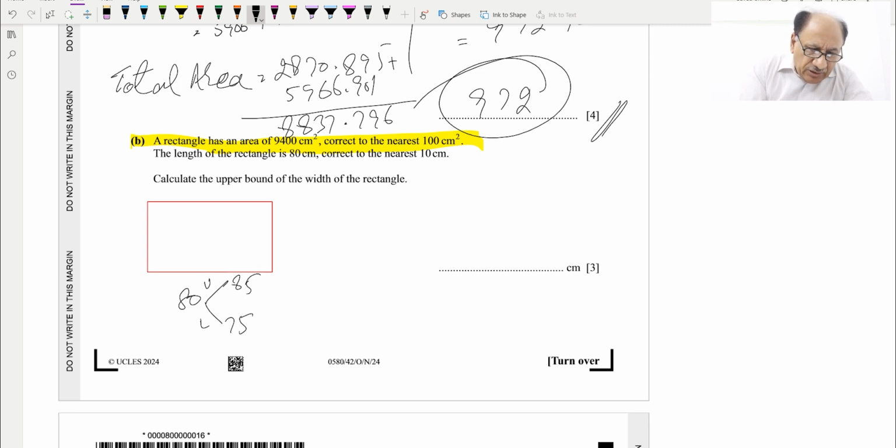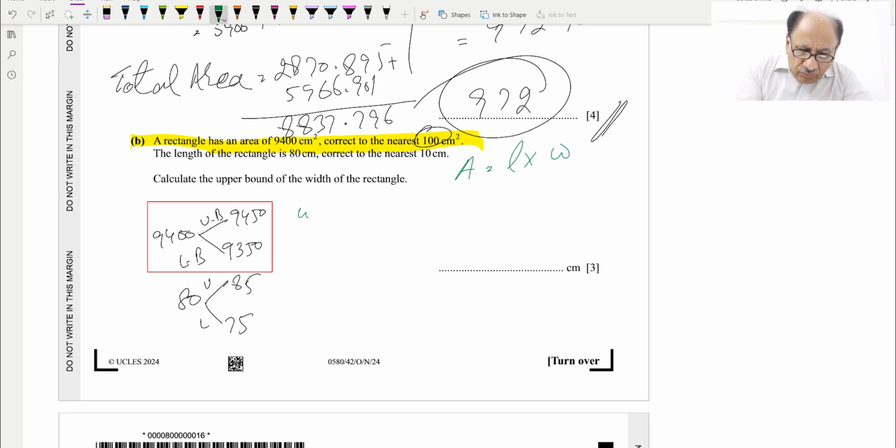And then they are giving area, so area is 9400, correct to the nearest 100. So upper bound and lower bound we can write, adding half of 100 will be 50, so 9450 will be upper bound and 9350 will be lower bound. Now we know that area is equal to length into width. So width will be equal to area over length, and they are saying calculate upper bound of the width.